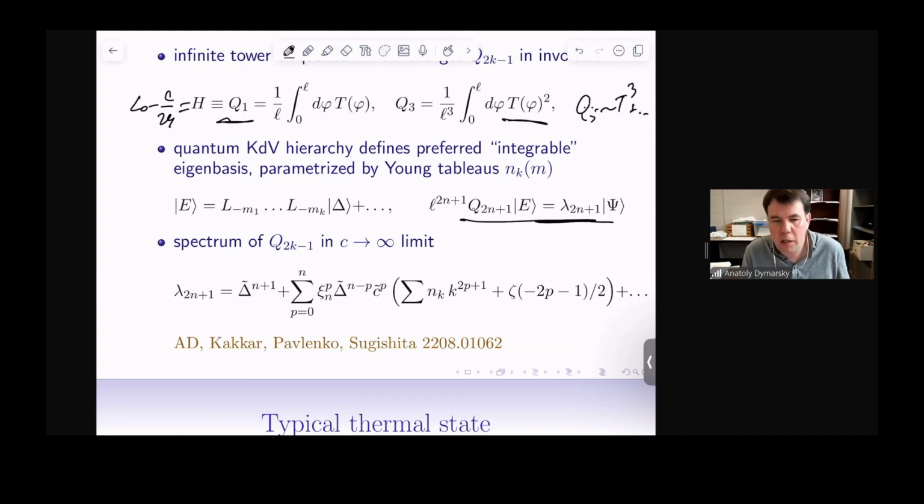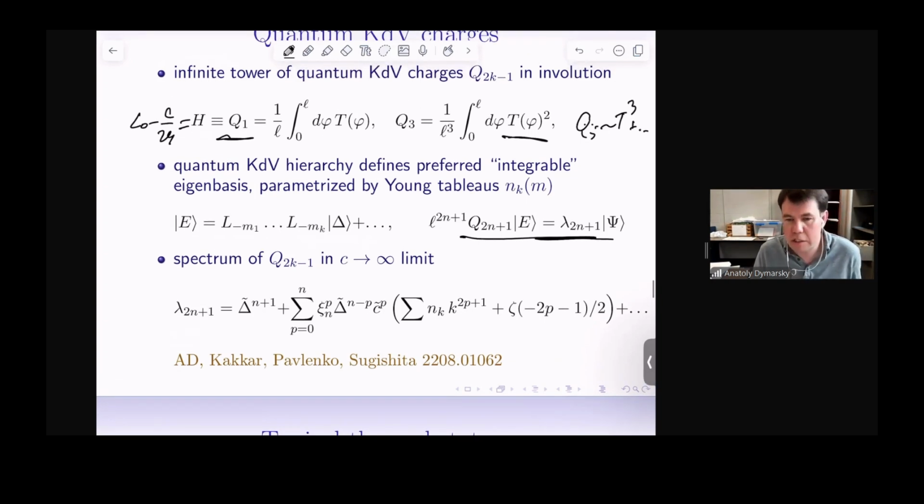That will be an overkill because for us, the most important thing will be to formulate the generalized eigenstate thermalization and also calculate the free energy. And that was done a little bit earlier with some heuristic guesses. So I don't expect you to pay too much attention to these explicit formulas. I just want to convey a message that there is an integrable structure.